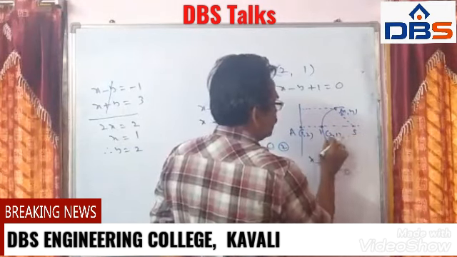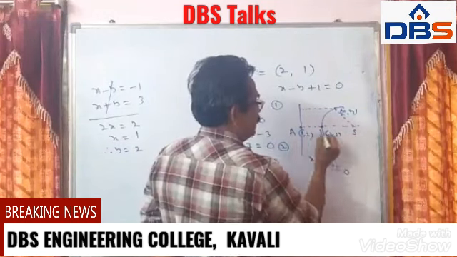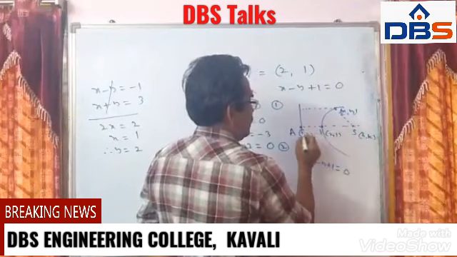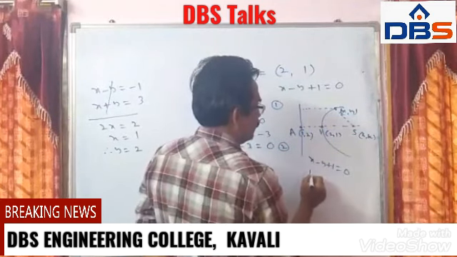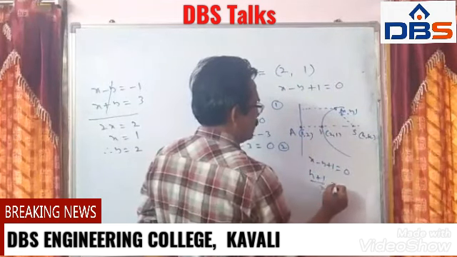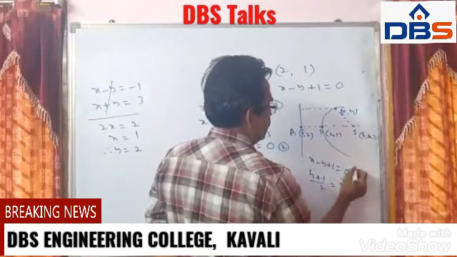Suppose the focus is h comma k. Then h plus 1 by 2 is equal to 2, so h is equal to 4 minus 1, which is 3.